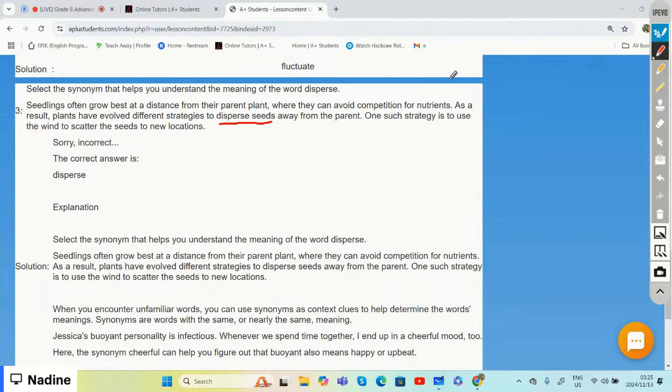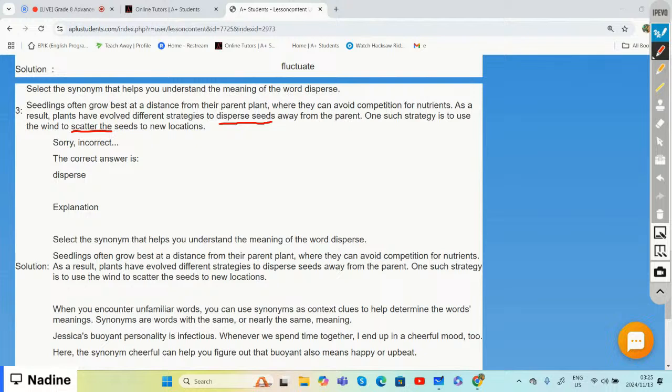And if we were to look at the meaning of that word, disperse, we can say scatter is another word. Scattering, it's spreading, because that is basically what disperse means.